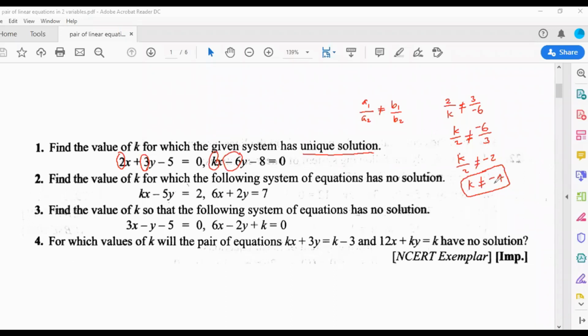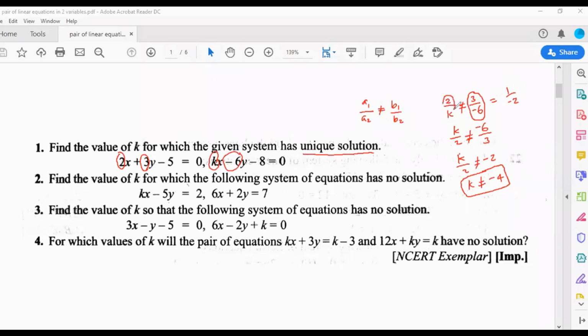If k is equal to minus 4, what will happen? It will not be a unique point. They may be parallel, inconsistent or dependent. So here you check the ratios. 3 by minus 6, that is B1 by B2, is 1 by minus 2.